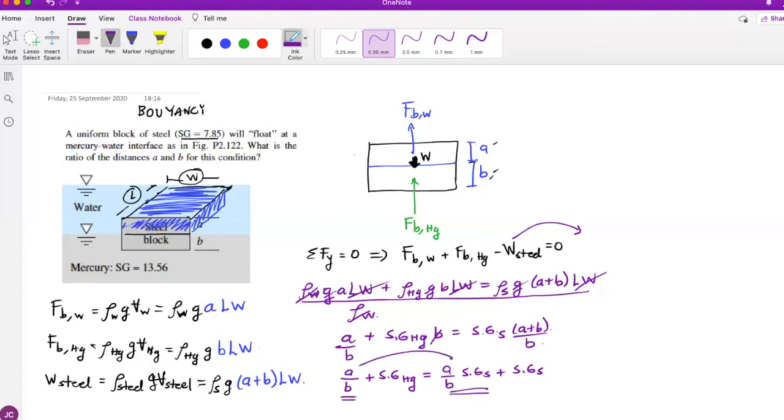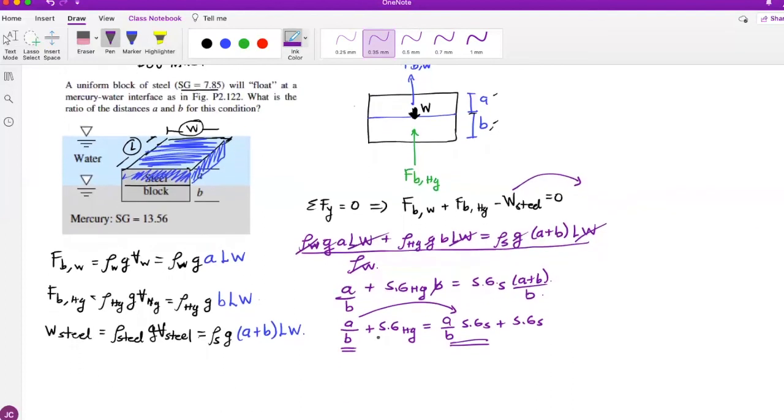I will put this one over there, and let me just move down, and I will pass this one over there. So I will get Sg of the steel, sorry, minus plus Sg of the mercury should be equal to A divided by B, and this is the Sg of the steel minus 1.